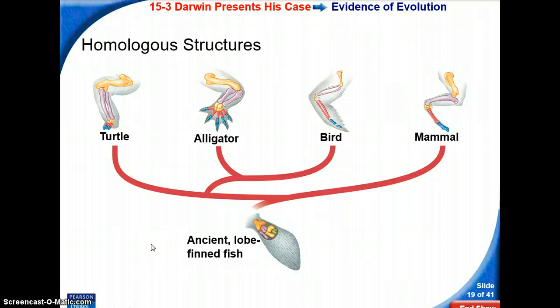One piece of the evidence of evolution that Darwin presented is called homologous structures. Basically, that means that the structures of different organisms, even though they look different on the outside, all have similar structures when you look at them internally. If we look at each of these, we have the arm of a turtle, the arm of an alligator, the wing of a bird, and the hoof of a mammal, possibly a deer.